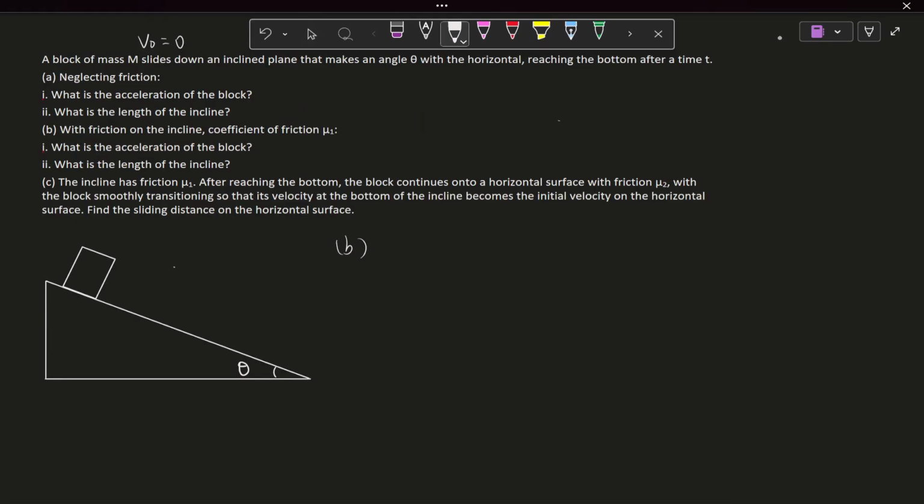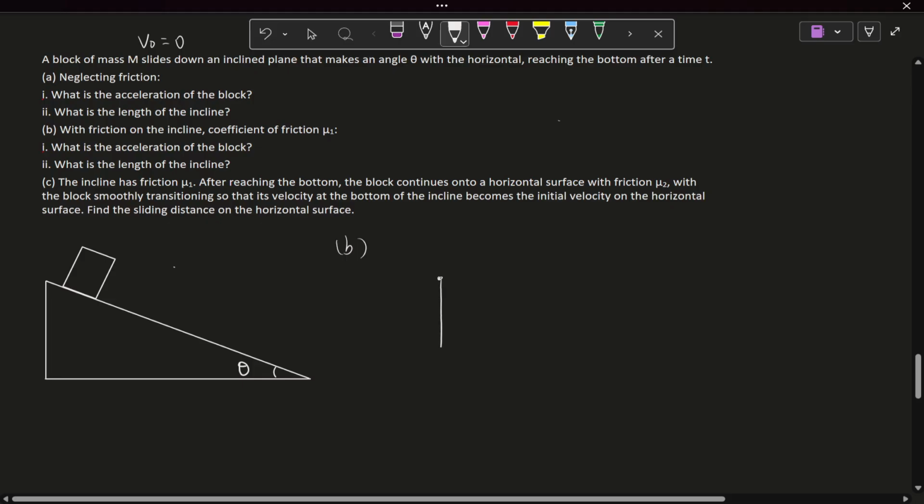With friction on the incline, coefficient of friction equal to mu1. First, what is the acceleration of the block? Second, what is the length of the incline? So, still, draw a free body diagram. This represents the center of mass of the object. This is the gravitational force, Fg.